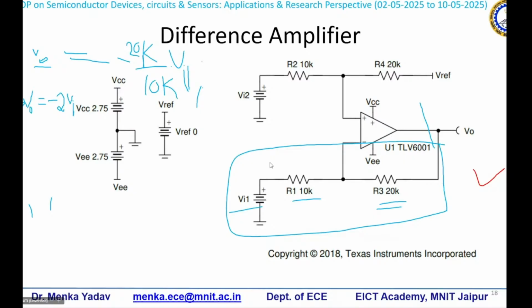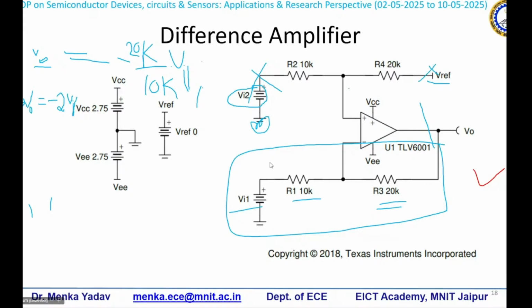We have to look into what was the impact of Vi2. What I told you yesterday, for these types of calculations, first of all we have to make sure all the DC sources are replaced by their internal resistance. So what is the internal resistance of this battery? That's ground. So this is grounded and this V reference is also grounded.